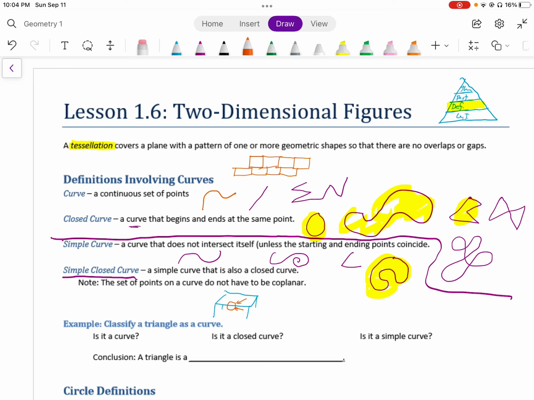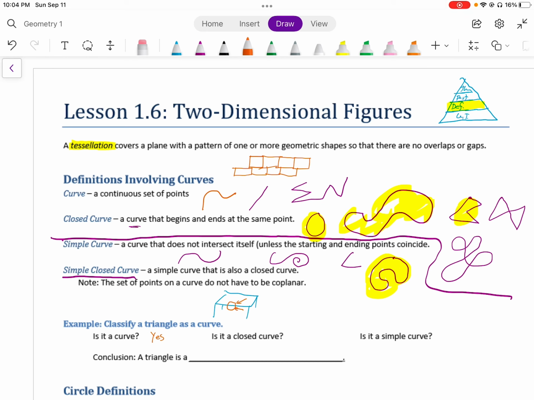All right, classify. The example here: classify a triangle as a curve. Does a triangle fit our definition of curve? Not our normal understanding of curve before today, but our definition of curve from today, a continuous set of points. Well, yes, it does. Is it a closed curve?